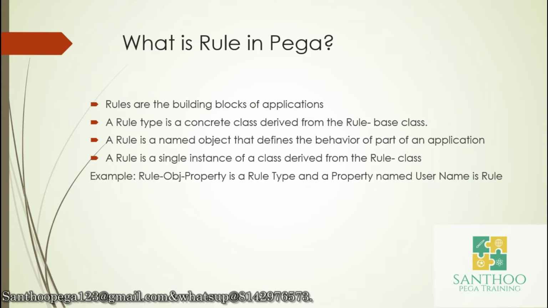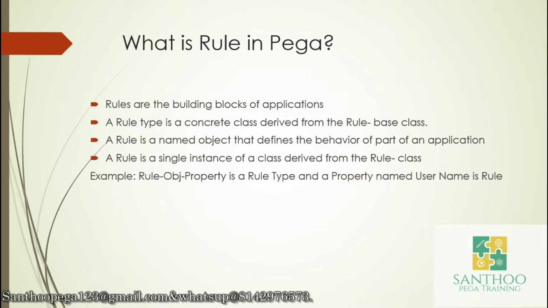Let's see an example here. Rule-Obj-Property is a class. Then I'm creating a property. This property is a rule, and it behaves like a property because it uses all the functionalities from this class. This is the object I'm going to use in my work class or in my data class.